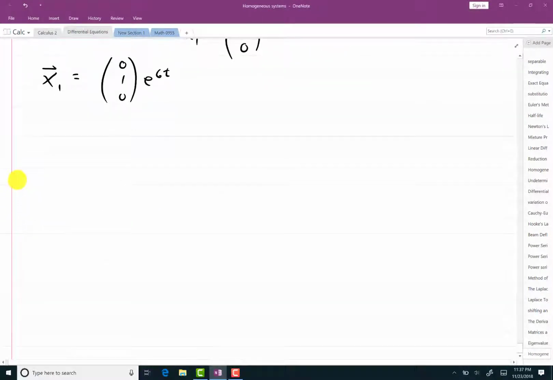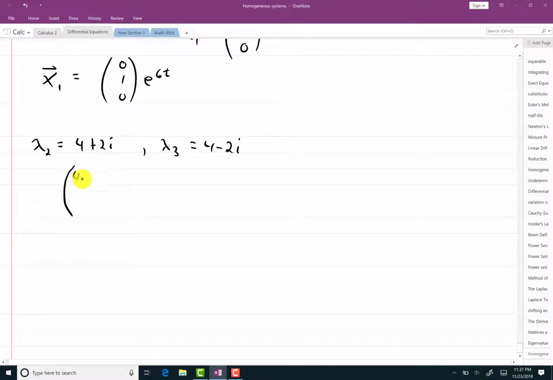Now we have the other two to deal with. Lambda 2 was 4 plus 2i and 4 minus 2i. Let's go ahead and throw those in. Just the one, I don't need more than one.